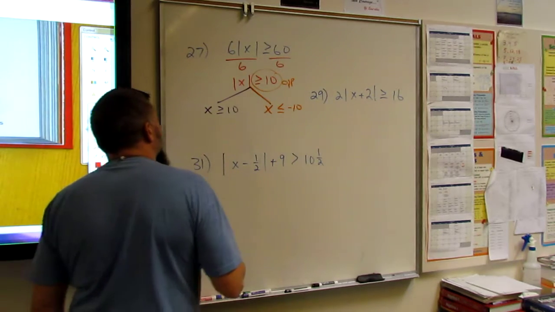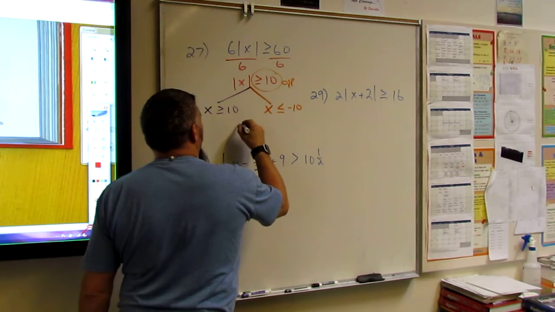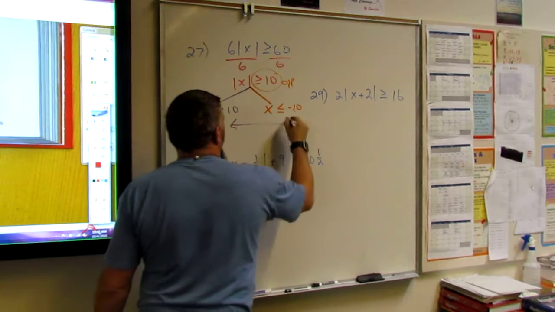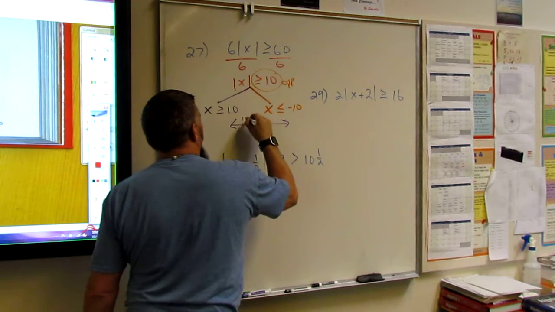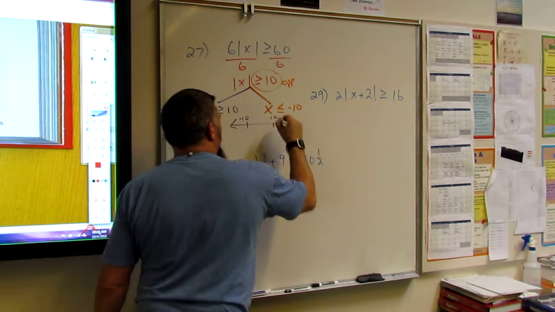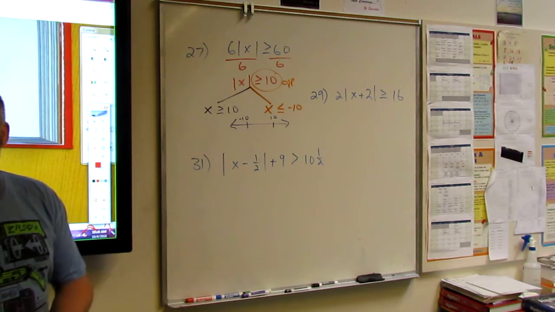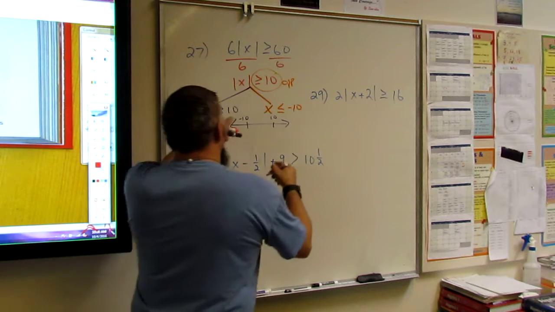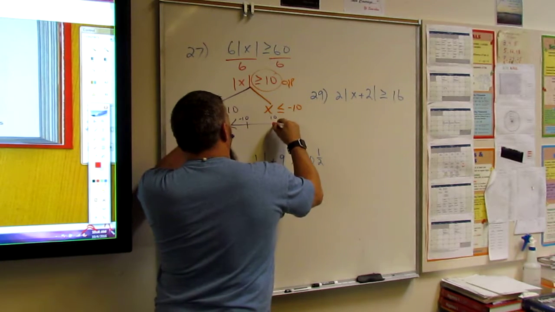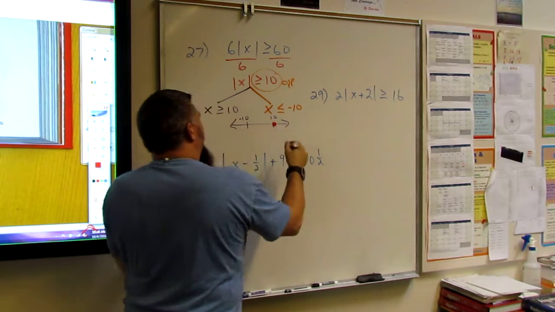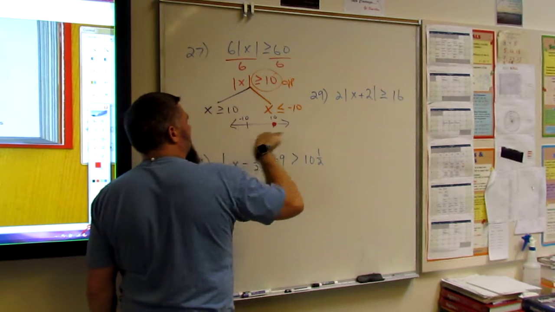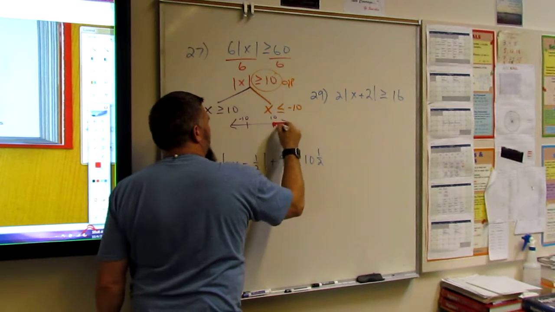If I graph them, I can go like this. I got -10. I got +10, right? Is it an open circle or a closed circle? Closed on 10, right? Going away from it or towards it? Away this time, right?